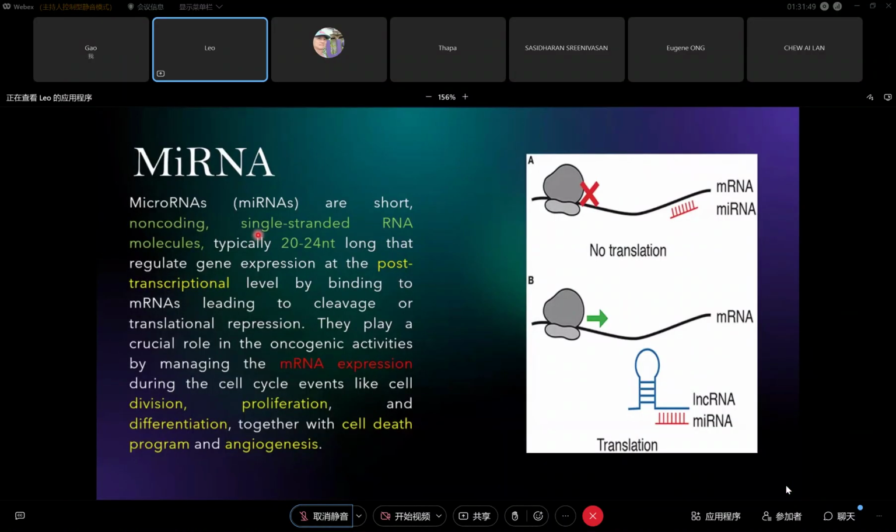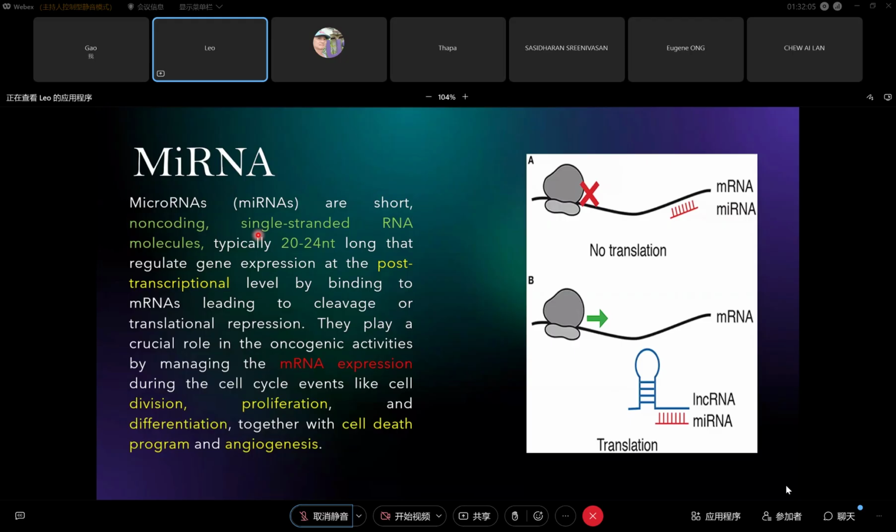MicroRNAs are short non-coding single-stranded RNA molecules, typically 20 to 24 nucleotides long, that regulate gene expression at the post-transcriptional level by binding to mRNA.